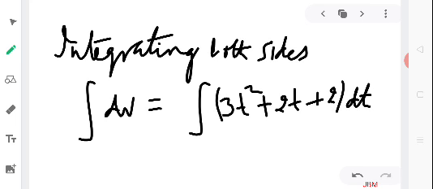Now we will substitute the limits. At time equal to 0 the velocity is 2, at time equal to 2 the velocity is v. So over this limit we can integrate this expression.